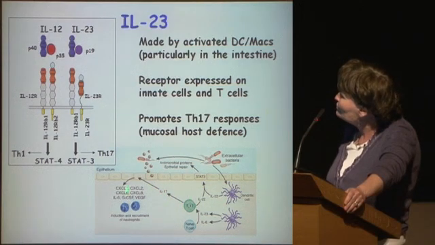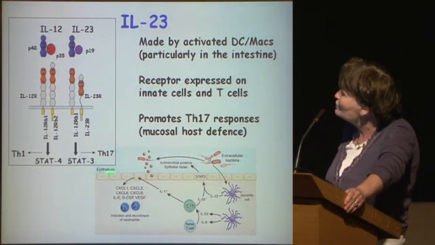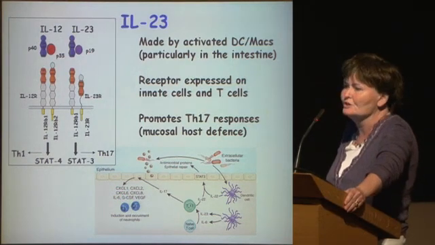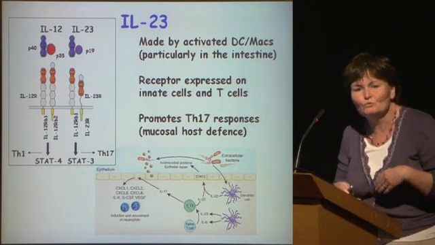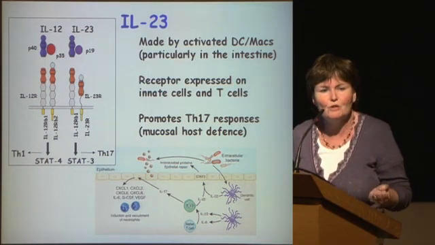Interleukin-17 is able, again, to act on non-hematopoietic cells, leading to the production of a number of chemokines that will promote the accumulation and recruitment of neutrophils into the inflammatory site. So important for functions in terms of host defense.